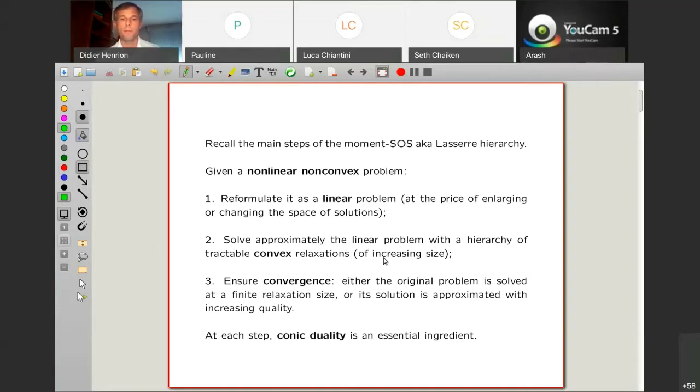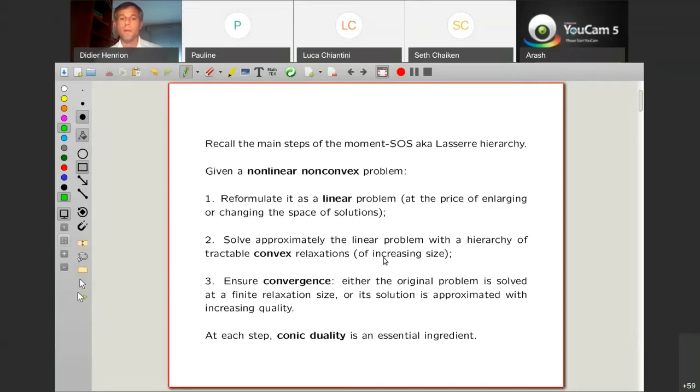The third step is about ensuring convergence of this numerical scheme. Either we get a certificate that the original problem is solved at the price of solving a convex optimization problem of finite size. This occurs, for example, in polynomial optimization that was covered during the first lecture.